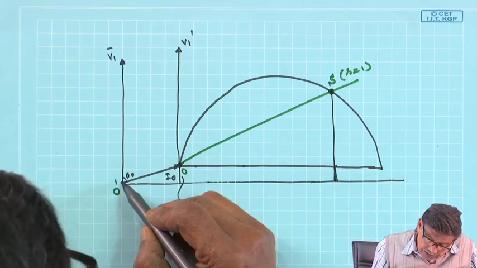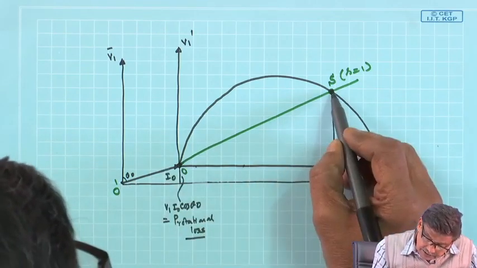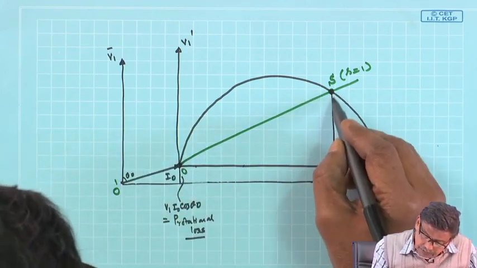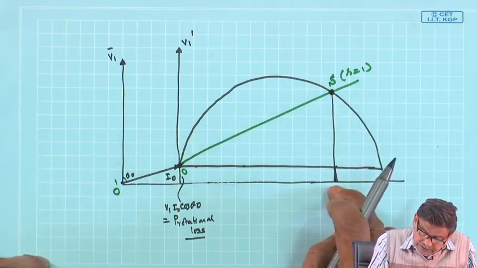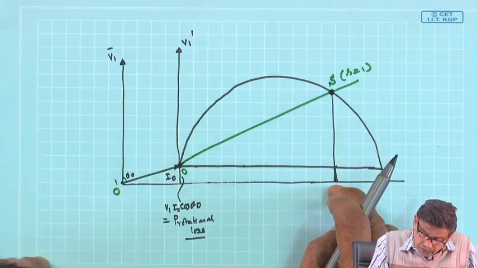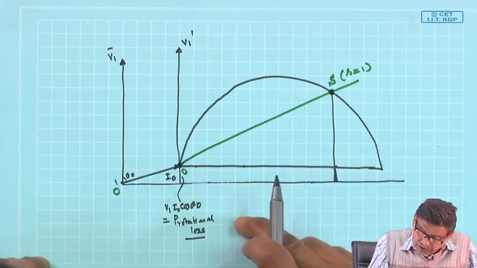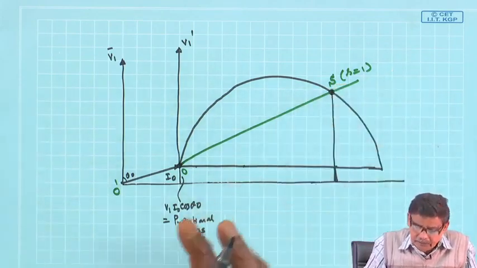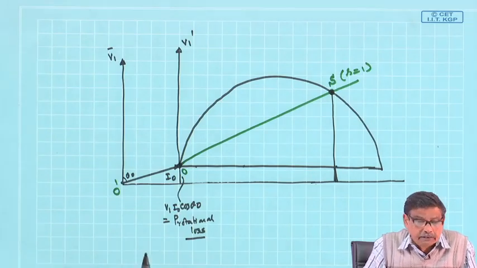Total input power is V1 into O dash S, this current, into cosine of this angle, which is nothing but this projection only. So, this total length is the total input power, of which I have subtracted this rotational loss. Then let us first ask ourselves where the remaining power is going.